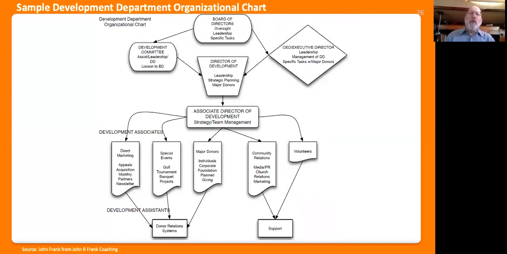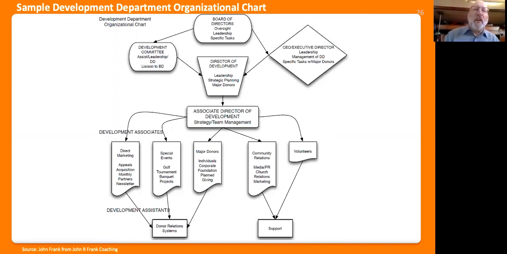The board of directors has oversight, leadership, when talking about development and stewardship, and they can be assigned specific tasks, like getting their company to be a sponsor at the annual banquet. The CEO, executive director, out to the right, is still the leader of the organization, with management of the director of development, and is assigned specific tasks with major donors.